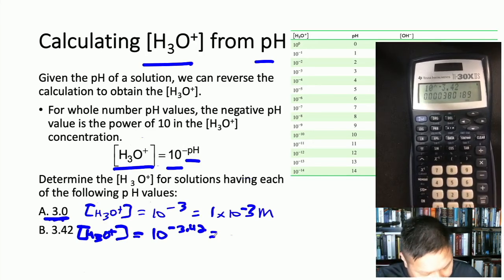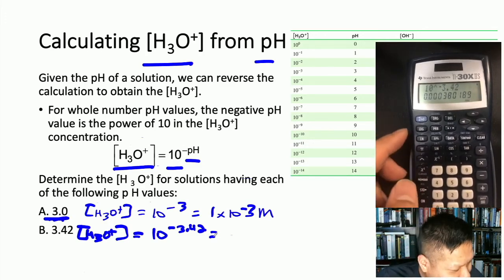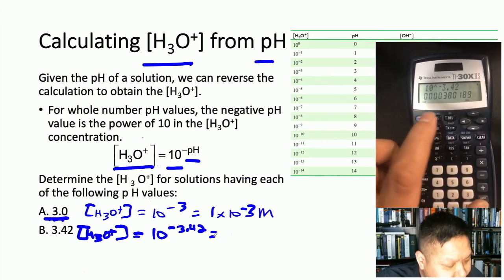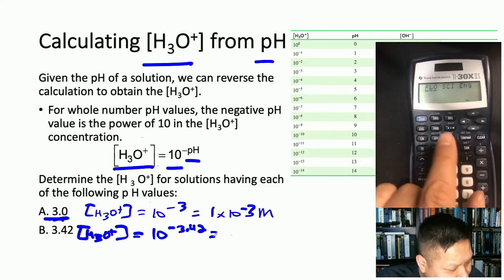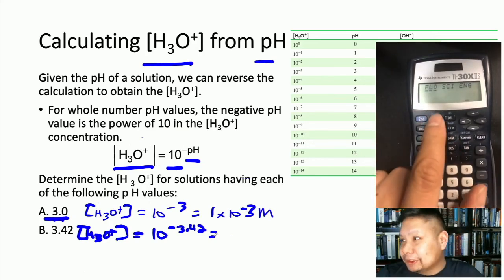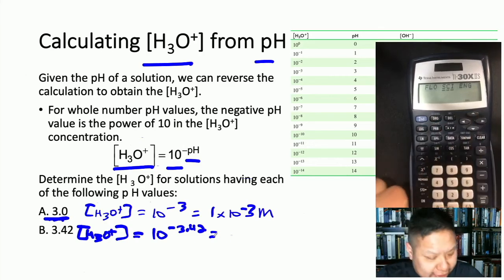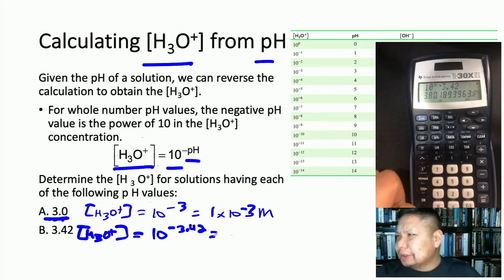Let's change that to scientific notation so that it's more easily readable. So press second, then hit the degree button, which changes from scientific to float. So we'll change it to scientific. Press enter, and there we go. Gives it to us in scientific notation.